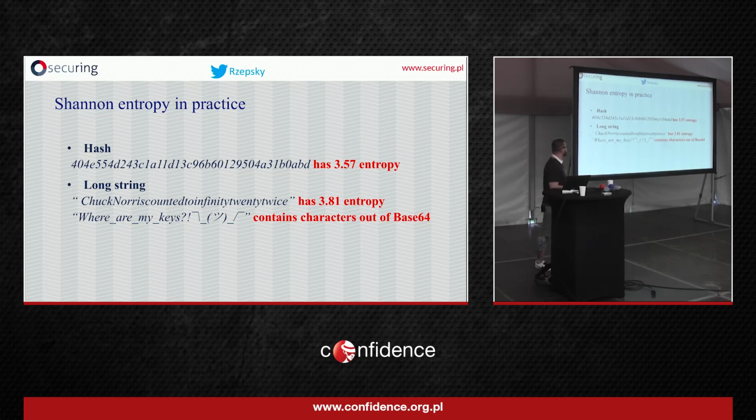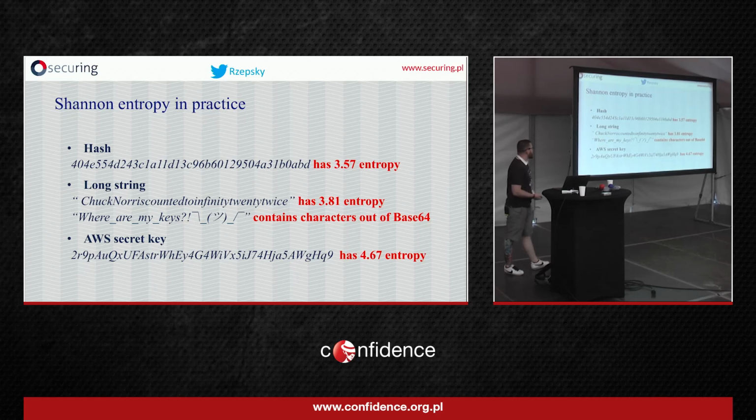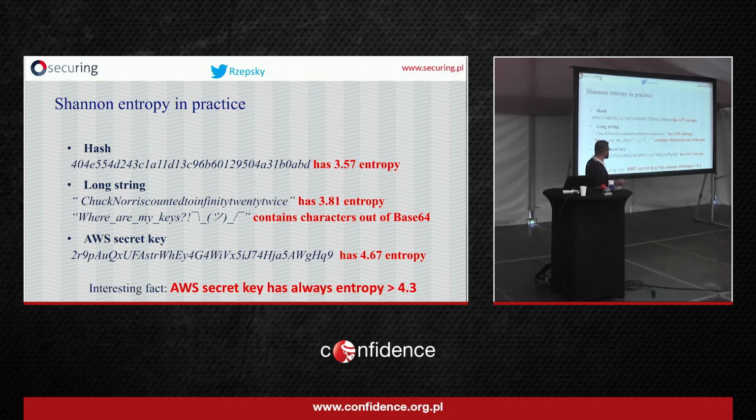Here's another string with a shrug, but it contains characters outside of base64, so we shouldn't analyze it. And compared to it, the AWS secret key has 4.67 entropy. All right? So you can see the significant difference from the other strings.